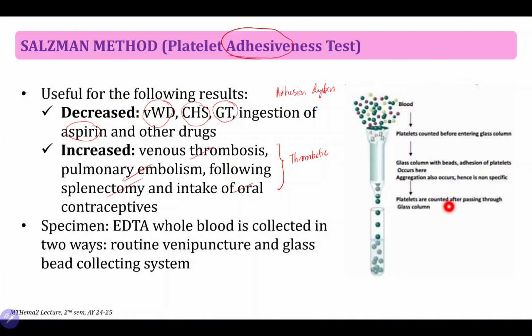Now, the specimen of choice in this test is EDTA whole blood that is collected in two ways. So, you have two EDTA whole blood specimens. The first EDTA whole blood is collected through routine venipuncture, and the other EDTA whole blood is collected through the use of a glass column or glass bead collecting system.